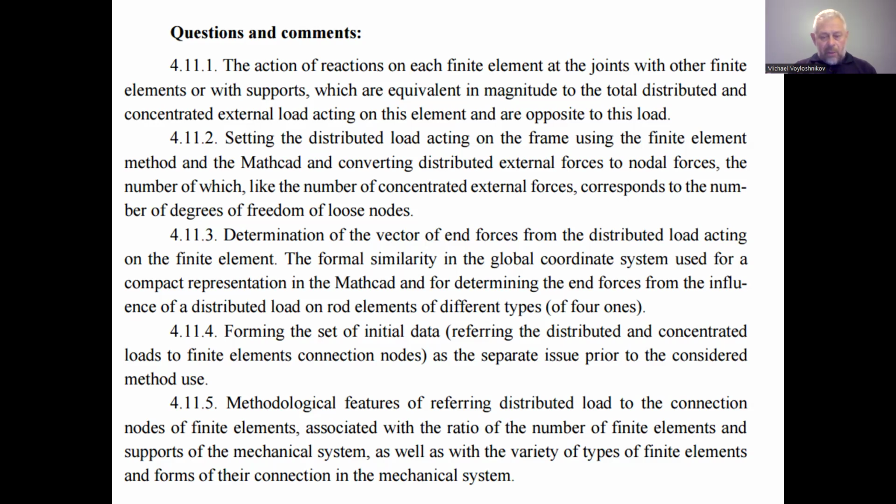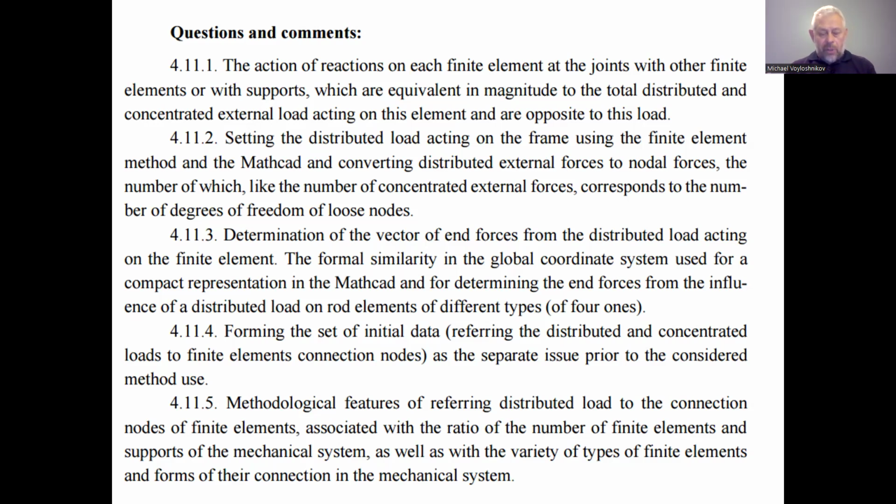In our case, we consider 5 displacements. So the vector of initial data has 5 components. We have 4 finite elements, 5 nodes, etc. So we have to be very attentive to the definition of the numbers of the degrees of freedom and the numbers of the components of vectors of the initial data, like the vector of the external forces.